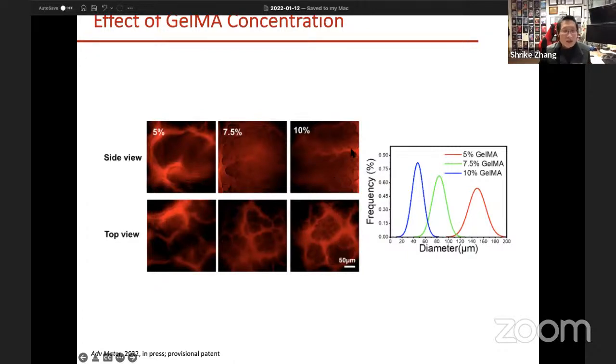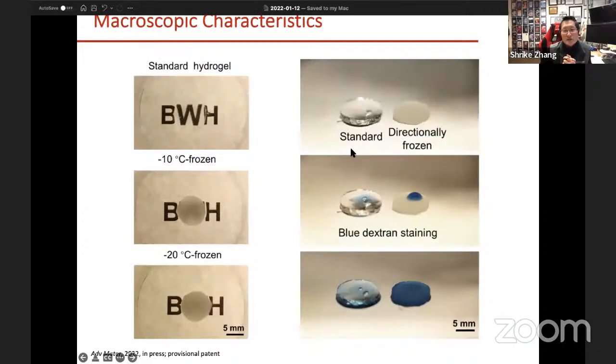And if you look at macro scale features of these vertically cryo bioprinted structures, with lower temperature the transparency goes down because you have finer pores. And the same for transport. If you have a standard hydrogel without these microscale aligned pores and you drop a dye solution on top, it does not really penetrate through because you have only nanoscale pores, but not microscale pores to allow transport.